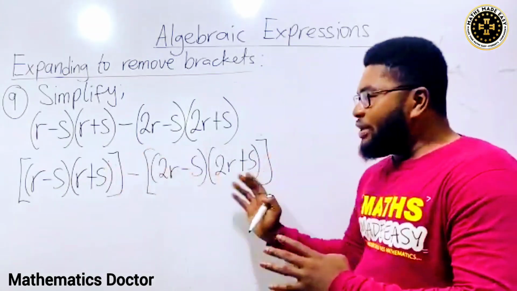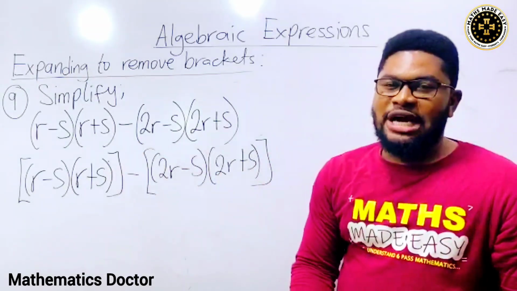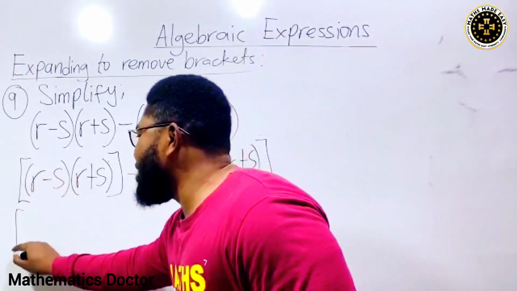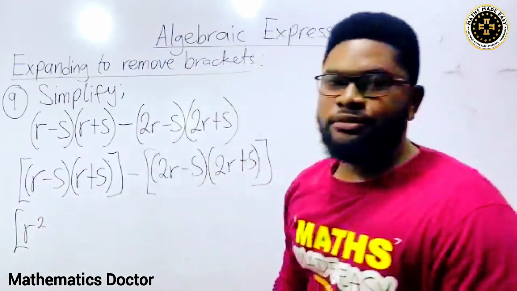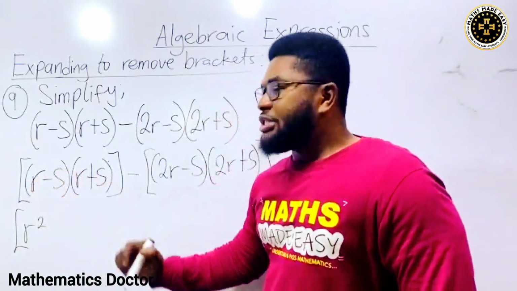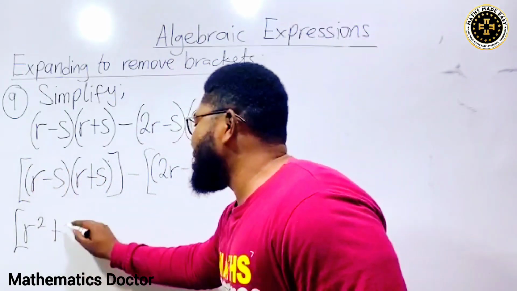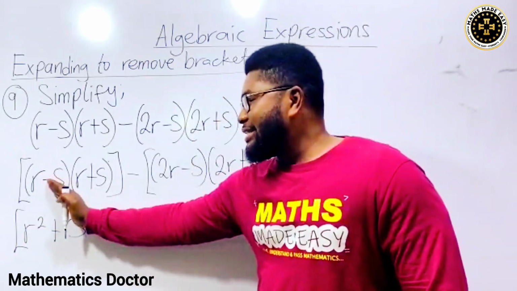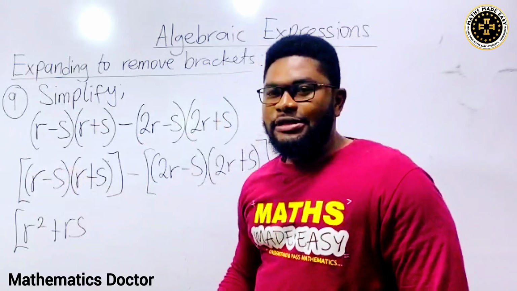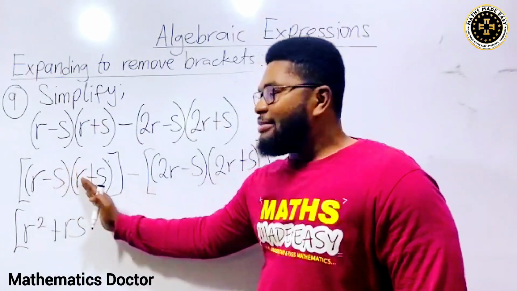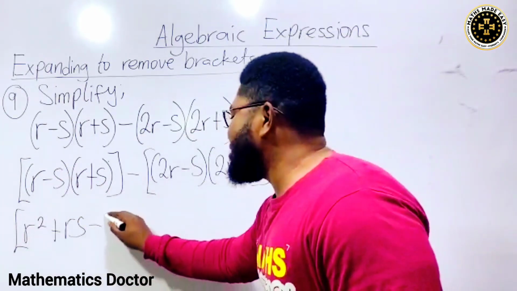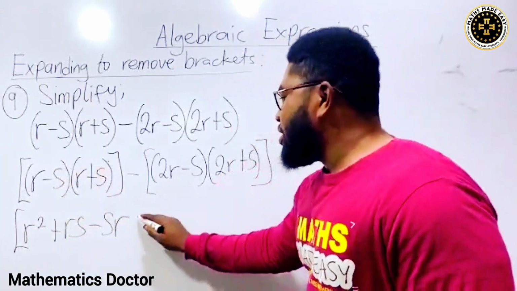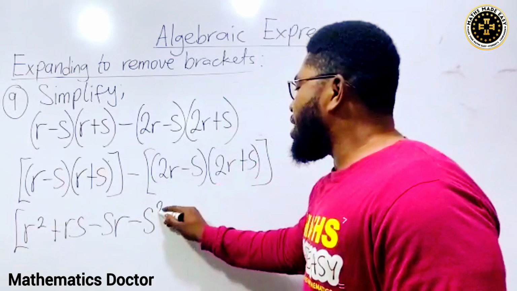When we are done with the complete expansion, we will then allow the negative sign to expand. So r times r here will give us r squared. Then r times positive s will give us plus rs. Then we have minus s times r, giving us minus sr. Then minus s times s, giving us minus s squared.